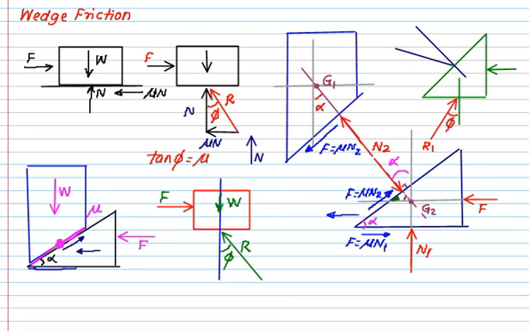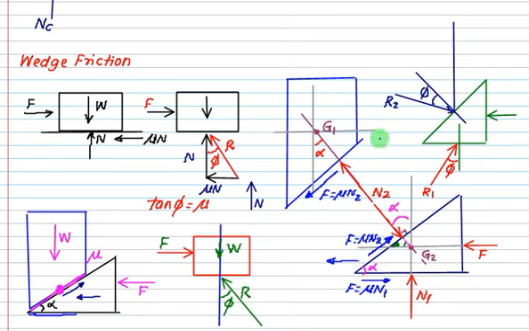And this value, I will call R2, is making an angle of phi with the normal. I had not said vertical, I said with normal. So this one is normal to this plane. Now this normal itself is inclined at an angle of alpha. Is it inclined at an angle of alpha? So this R2 is inclined at an angle of alpha plus phi.